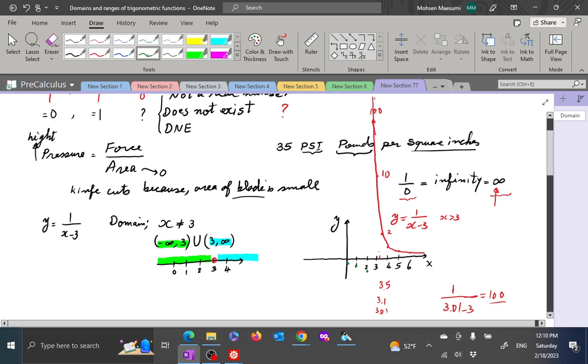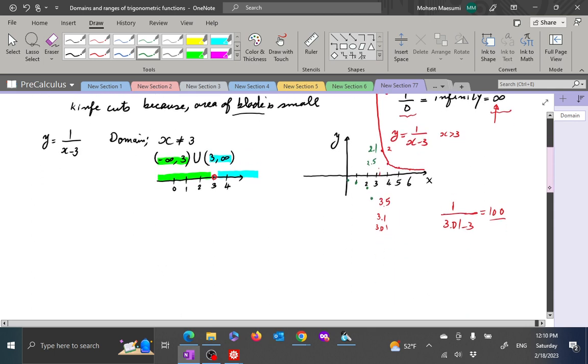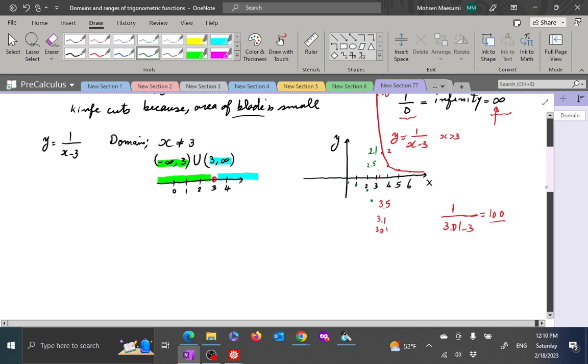If I come close to 3 again, like if I come to, say, 2.5, I'm going to come to minus 2. If I come to 2.1, let's see if I have room here to go down that much. At 2.1, I'm going to come to minus 10.